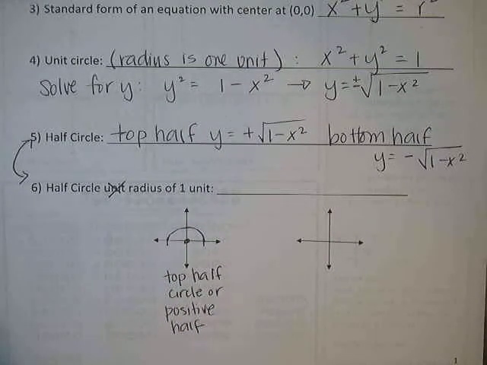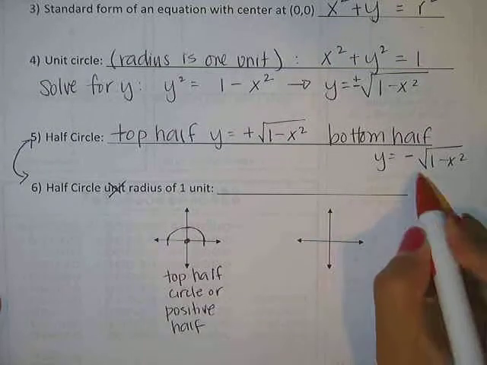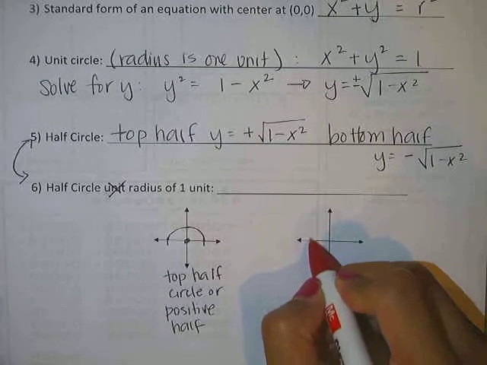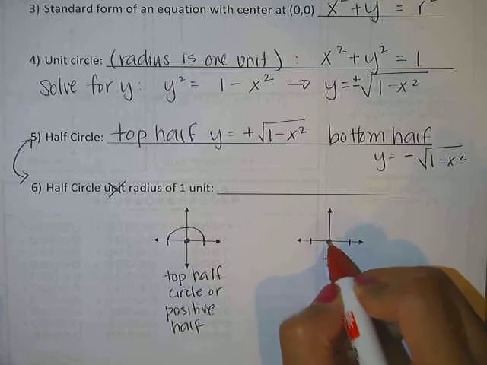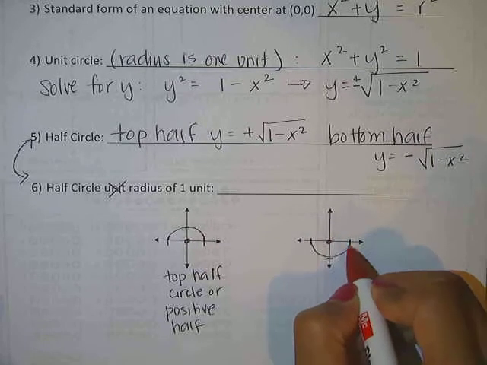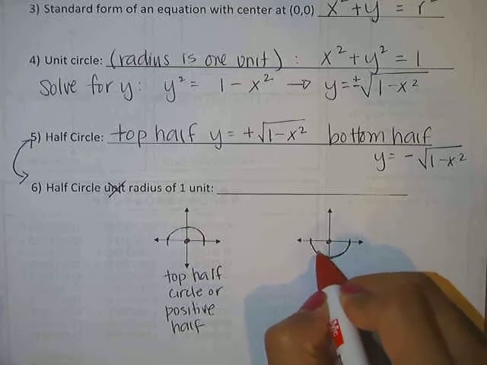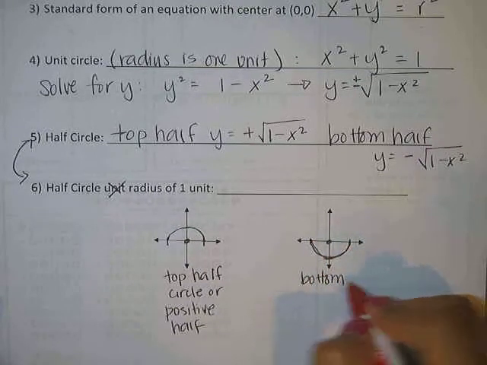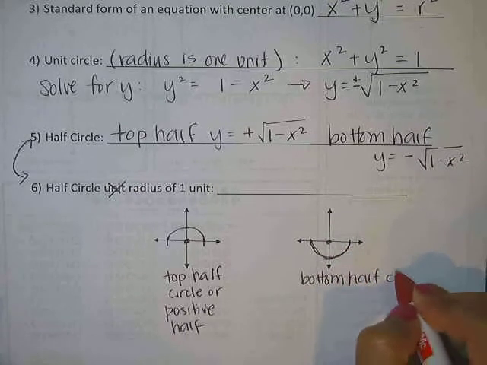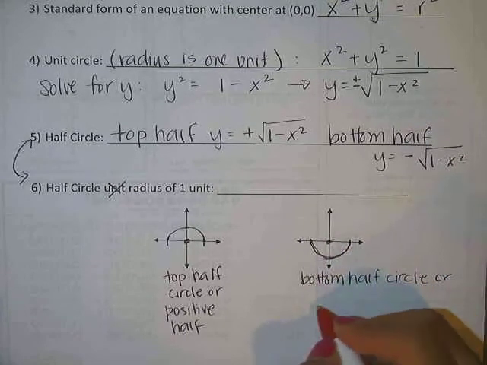Then you have the negative half, which means this is going to be on the bottom. The unit radius is 1, so I mark 1 unit from the center, and this is the bottom half circle, or the negative half.